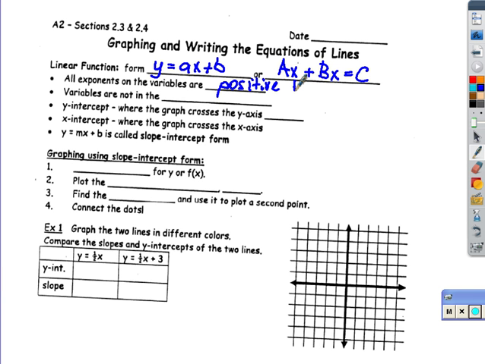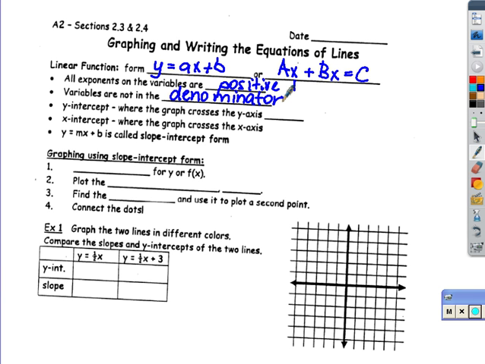Variables are not in the denominator. You may remember that if it is in the denominator, that basically means the exponent is negative. So no variables in denominators.